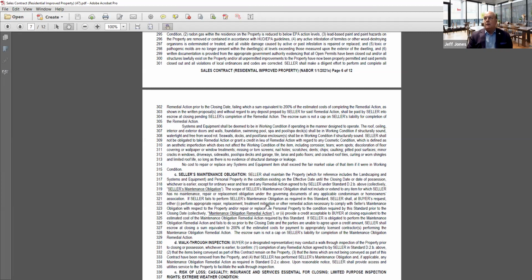So if I'm the seller and I'm like, well, I'm selling this place, I don't care about the landscaping, I'm just going to turn the sprinklers off, that's a seller's maintenance obligation. If you show up for your walkthrough inspection and all the foliage is dead, you have the right to ask the seller to replace that and put it back in the condition it was in when we went to contract.